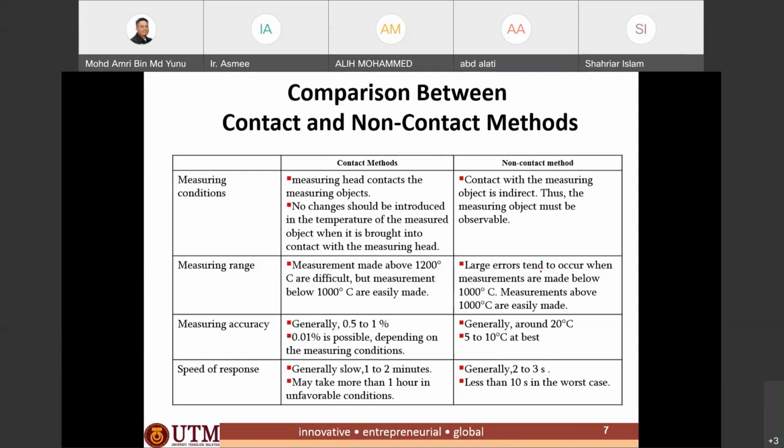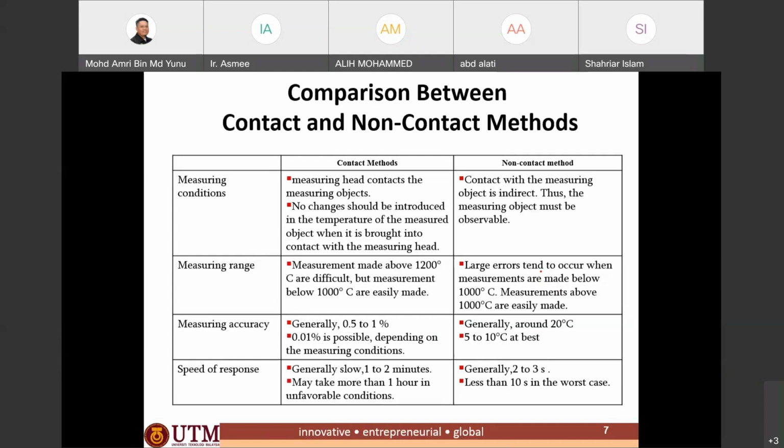But in this case, we are talking about industry standards. So in any industry standard device used for non-contact, the measurement may have some large error.